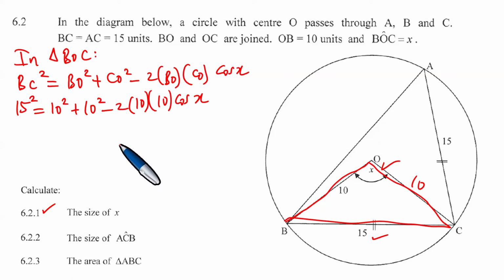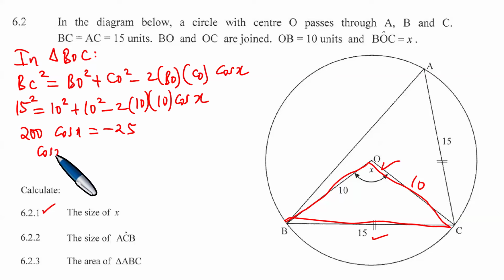So then in the end, what we're able to get here is the following. 2 times 10 times 10 is 100, and 100 times 2 is 200, and you bring it across the equal sign, and this gives us 200 cosine x equals minus 25. And then this means that cosine x equals minus 0,125.